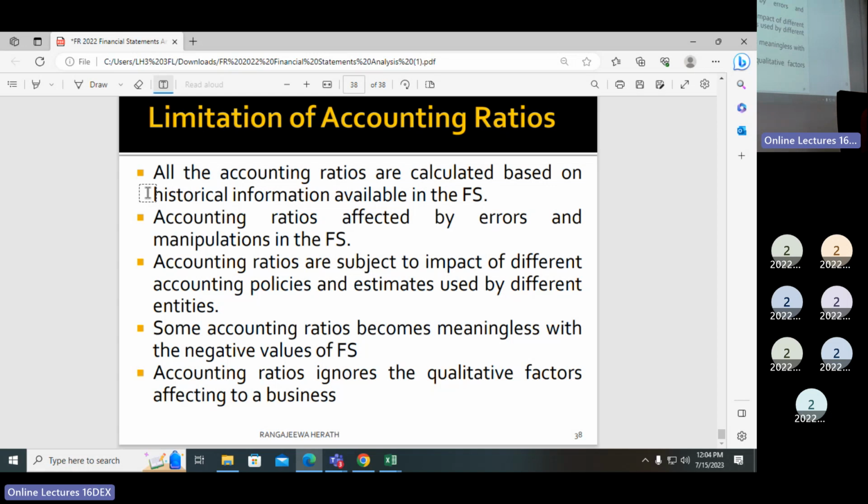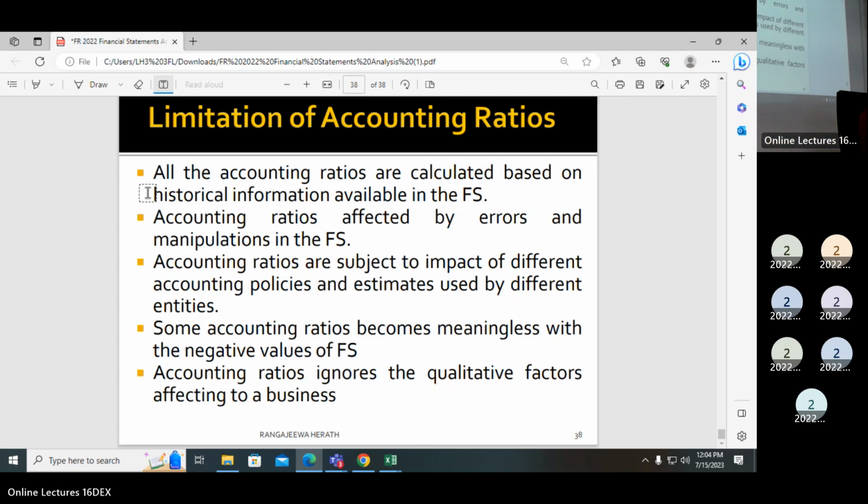Accounting ratios are affected by errors and manipulations in the financial statement. When preparing the financial statement, it is possible that some errors occur. Right? වැරද්දක් තිබුණොත් අපිට profit එක වැරදි. We are using a profit of 100 million, but the correct profit is 90 million. So we are using that wrong profit to calculate the net profit margin, the return on equity, return on asset, right? So many things use the wrong figure.